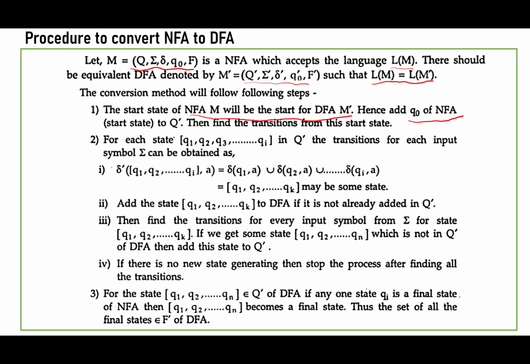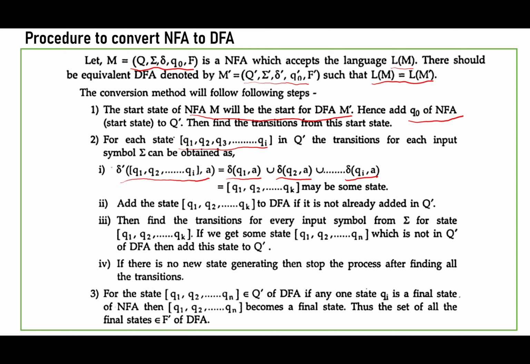Then we have to find the transition from the start state. For each state Q1, Q2 up to Qi in Q dash, the transition for each input symbol can be obtained as delta dash of (Q1, Q2 up to Qi) comma a, which is delta of Q1 comma a union delta of Q2 comma a union up to delta of Qi comma a.